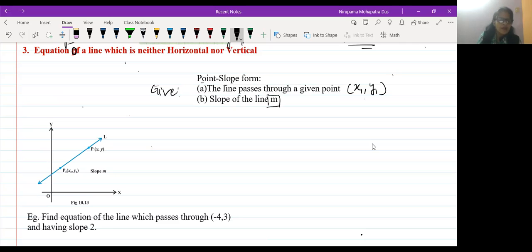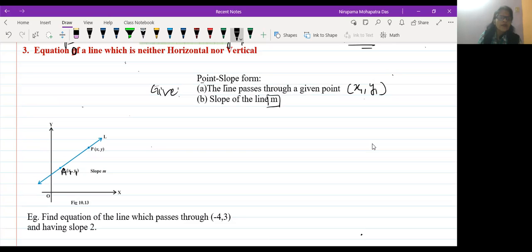So now suppose we have the point A, x1, y1. The line passes through the given point A, x1, y1 and the slope of the line is m. Now let me take P(x, y), any point on the line.